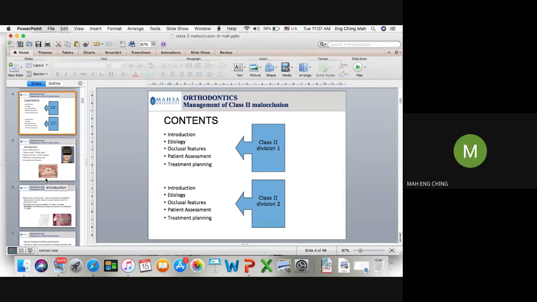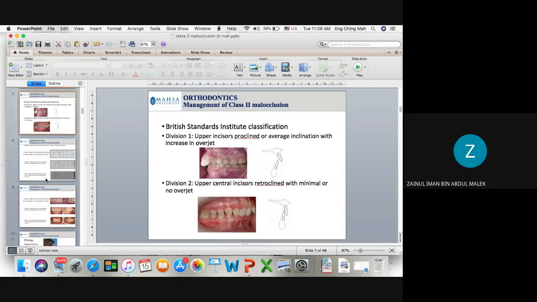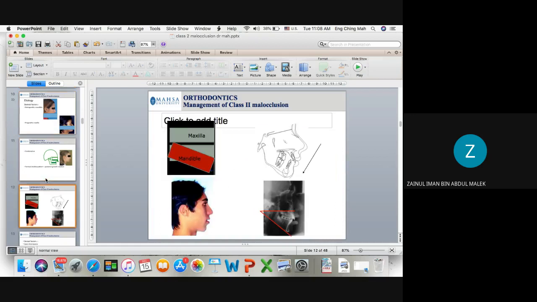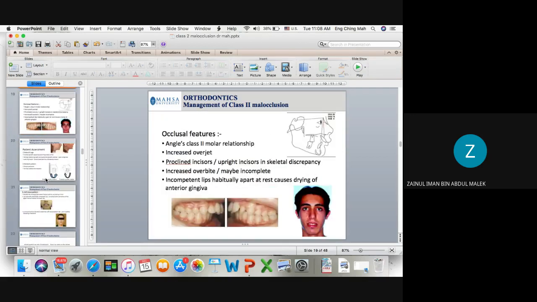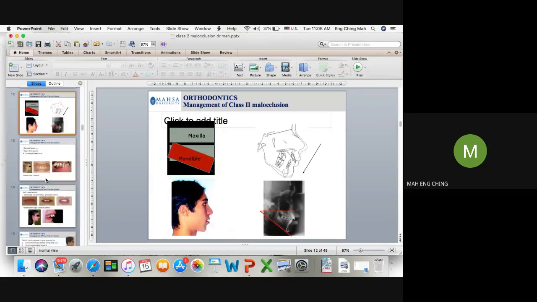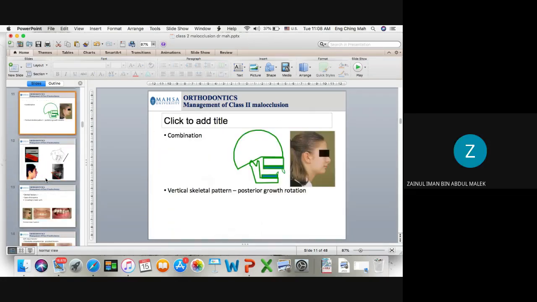Why are you going to have the class 2 division 2 based on the dental factor? Why? Because there is no occlusal stop. Yeah, very good. There's no occlusal stop. Why no occlusal stop? Because the incisor edge does not meet. Yeah. Where will the incisor edge meet?